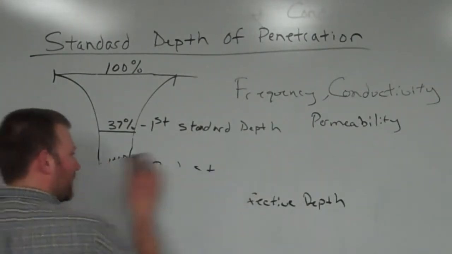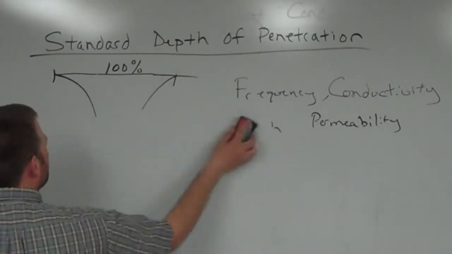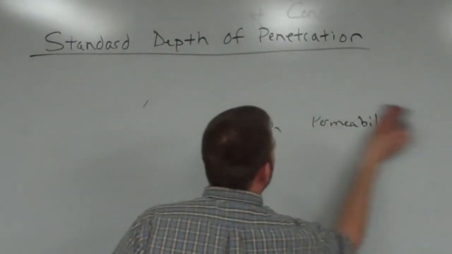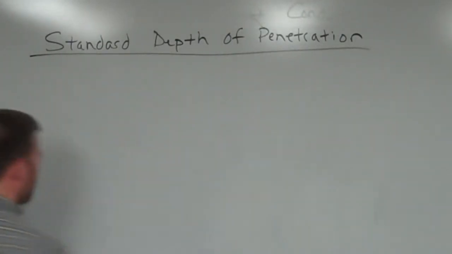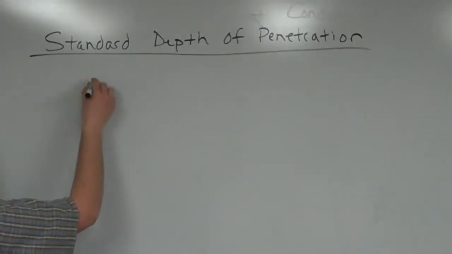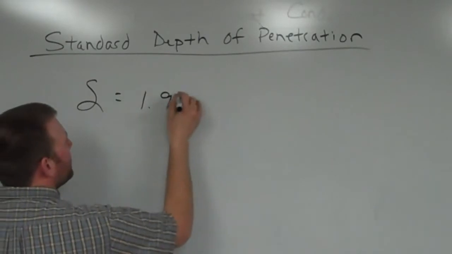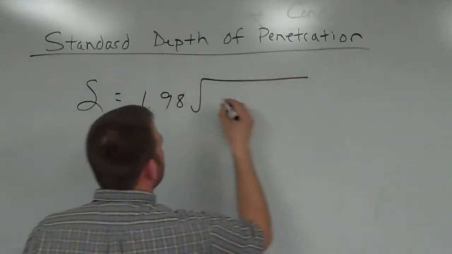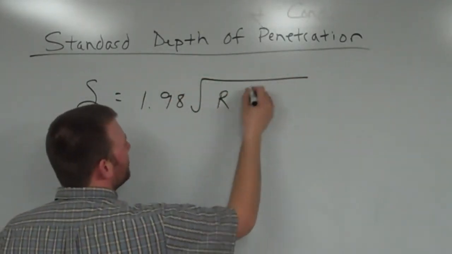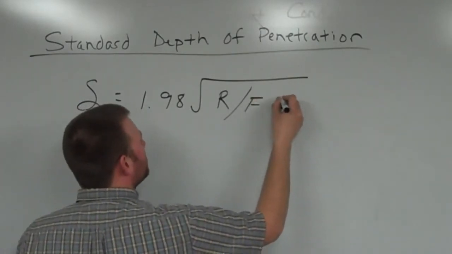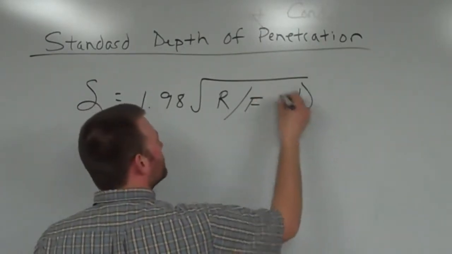Keeping those things in mind, we're going to go to this formula. I know this isn't perfect, but standard depth of penetration equals 1.98, because we're dealing with inches, times the square root of resistivity divided by frequency times relative permeability.